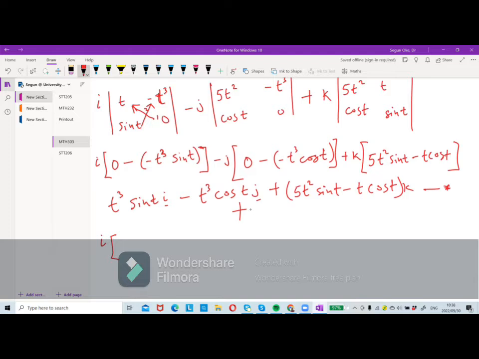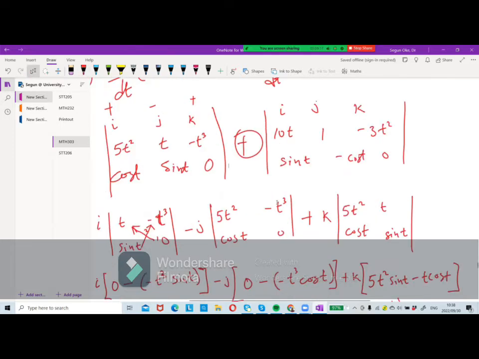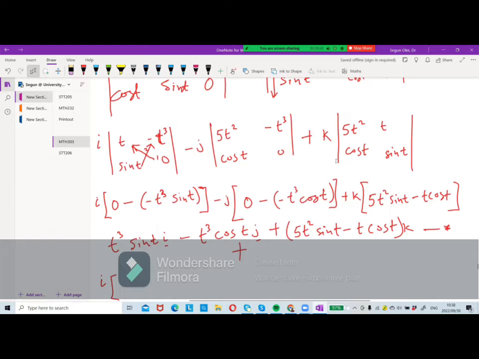So this plus is the same thing as this one in the middle here. So let me remove this arrow. It's the same thing as this one. So if I cancel this one, then this one also goes. I will be left with 1, 0.